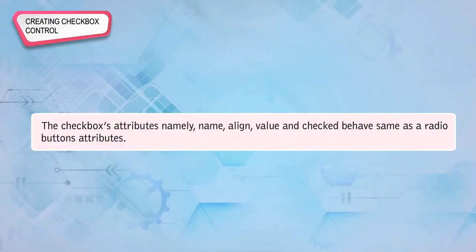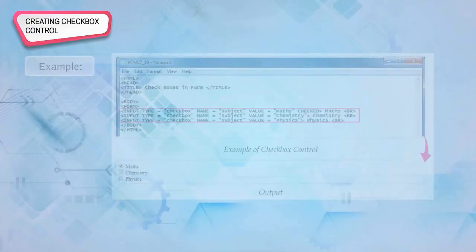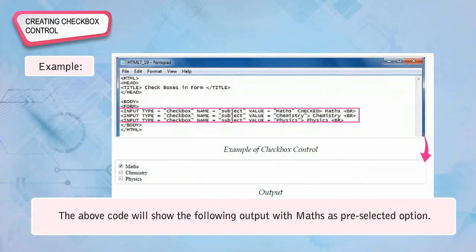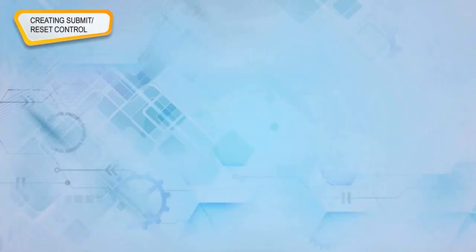The checkbox's attributes, namely name, align, value, and checked, behave the same as radio button attributes. Example. The above code will show the following output with Maths as pre-selected option.